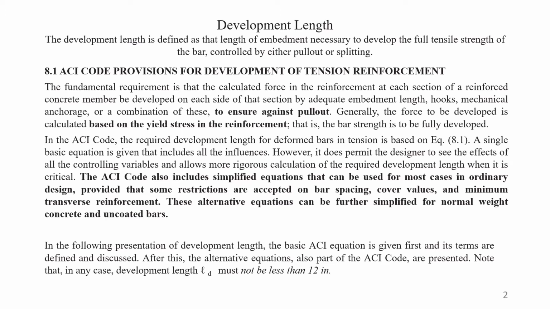This formula is a big one, and there are several parts and several factors in it. All these factors are to be understood, and you should be able to find out the values of the individual factors.